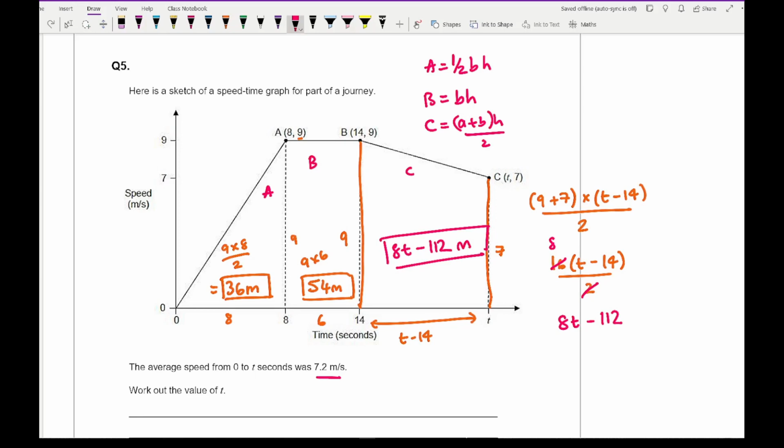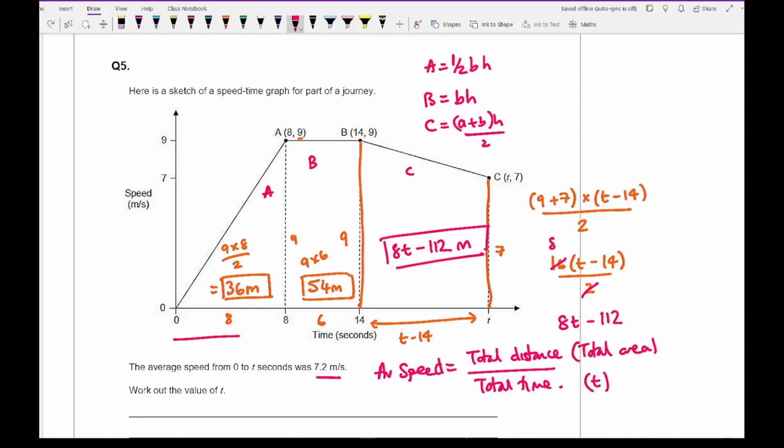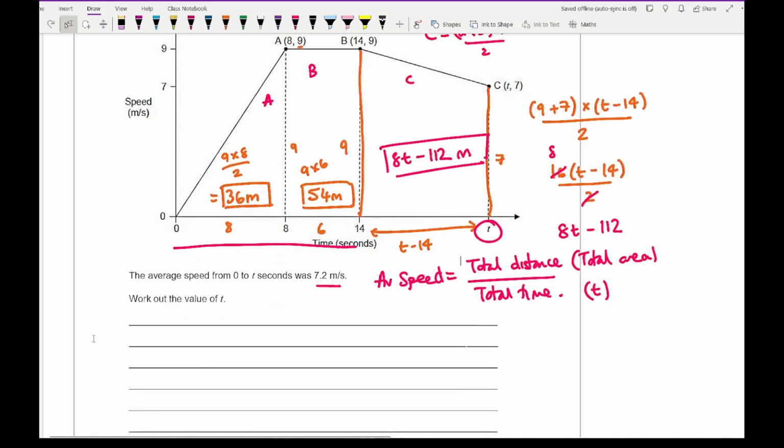Now to work out the average speed, now average speed is the total distance divided by the total time. Now the total distance is the total area, and the total time is going to be t, because it's going from 0 all the way to t. So let's now just substitute those expressions in.